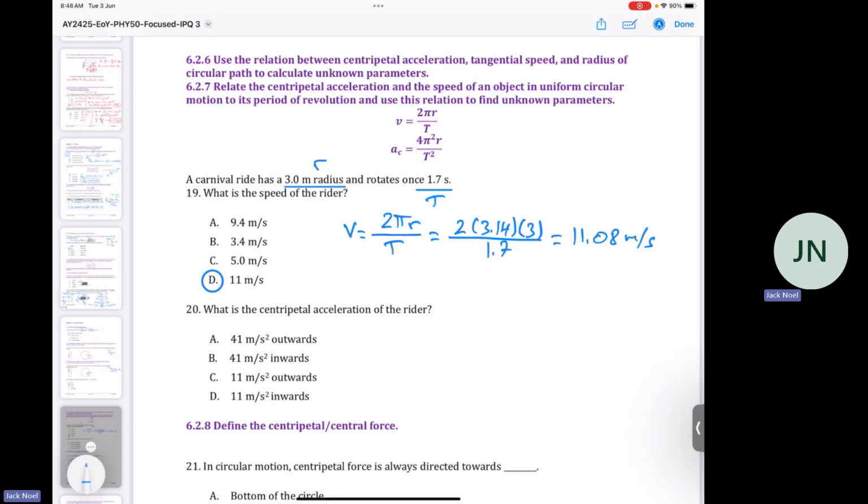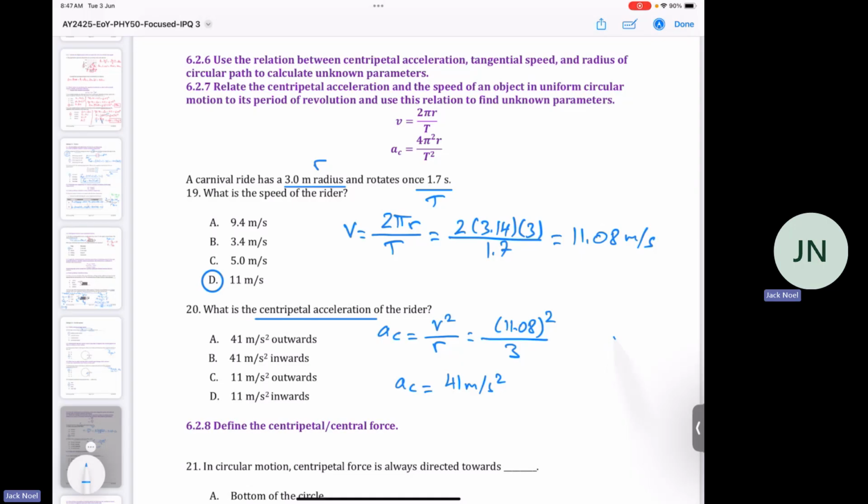Then, what is the centripetal acceleration of the rider? Centripetal acceleration has a formula a_c equals v squared over r. v, we found it to be 11.08, squared, over the r is 3. This answer is nothing but 41 meters per second squared. But you're going to tell me, Mister, we have A and B, both of them are 41 meters per second squared.